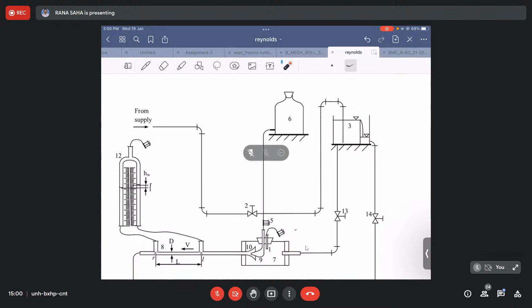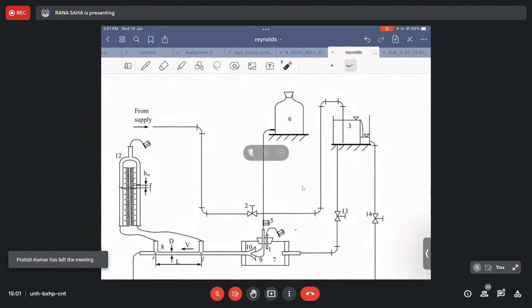And it is being filled by the overhead tank, which is above the roof, through some pipelines, and that line you can follow. The line is coming in this manner, some U, and then it goes to the constant head tank. In between, there is a valve too. You can see the symbol of this valve. This valve is being used to fill the constant head tank.